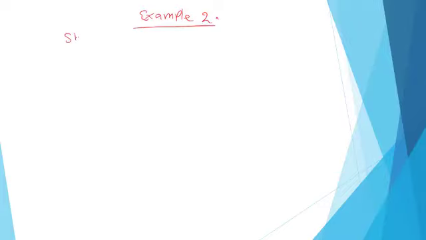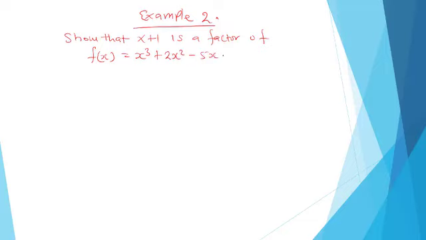Show that x plus 1 is a factor of f(x) equals x^3 plus 2x^2 minus 5x minus 6. Now remember the rule, x plus 1 is equal to 0. You equate it to 0, so therefore x is equal to minus 1.